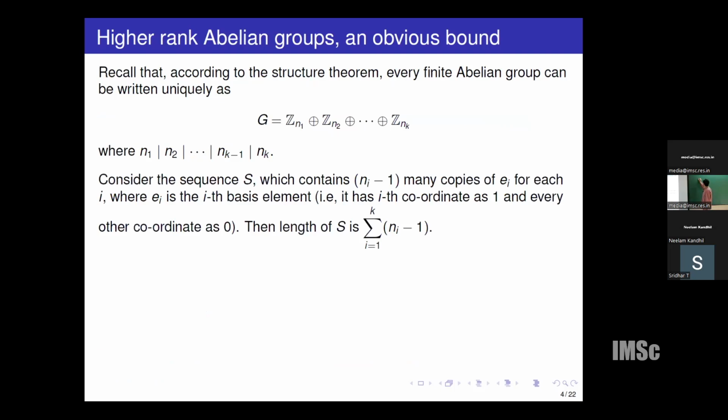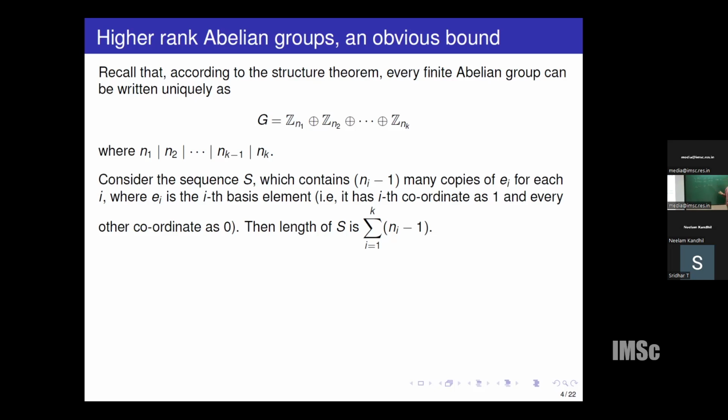Let's take e1 to be 1 and the rest as 0. e2 is 0, 1 and the rest as 0. And similarly, ek is everything 0 except the last one. And I take n1 minus 1 copies of this, n2 minus 1 copies of this, and up to nk minus 1 copies of this. So this is my sequence, and the sequence length is the summation of n_i minus 1.